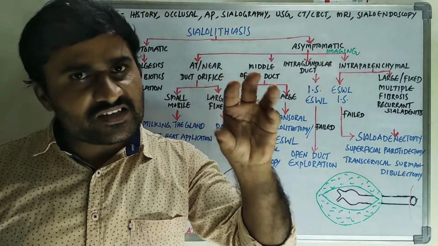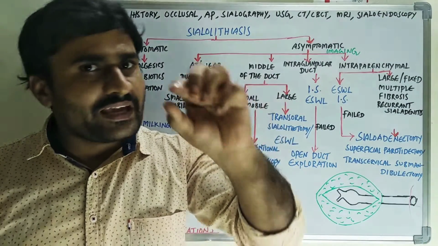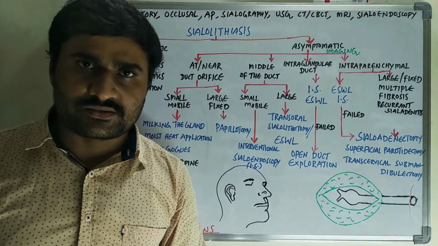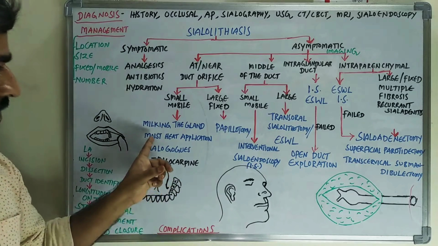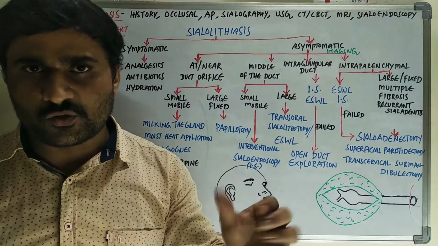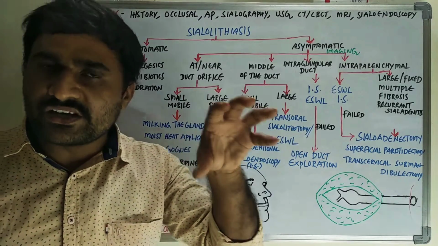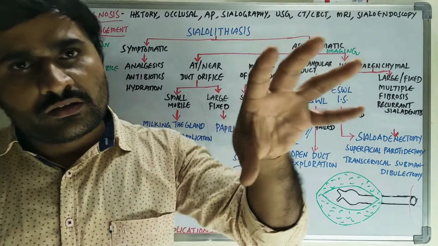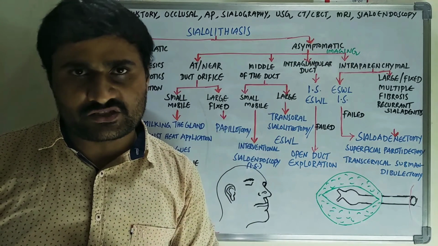Due to the excess salivary production and flow, any small calculi will be flushed out from the ductal orifice. You can also go for moist heat application, and sialogogue medications like pilocarpine, which again increase salivary production. With that salivary flow, any small calculi will be flushed out.